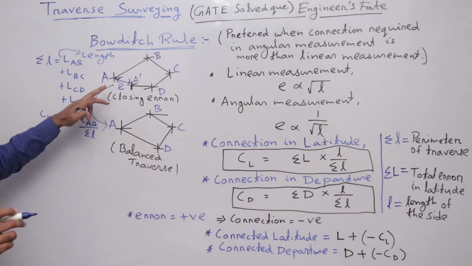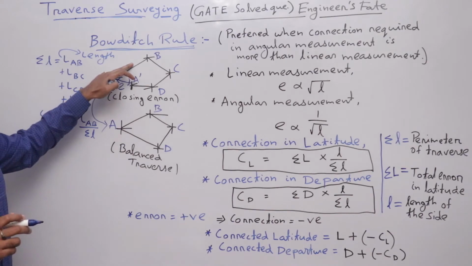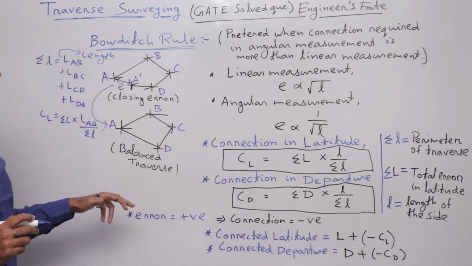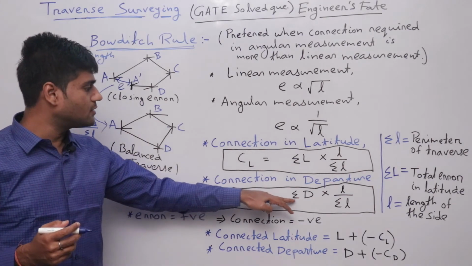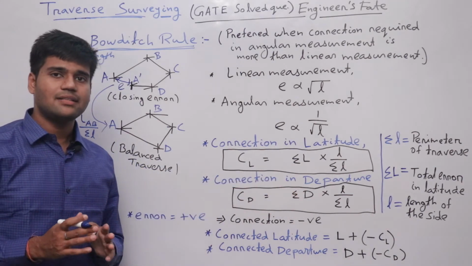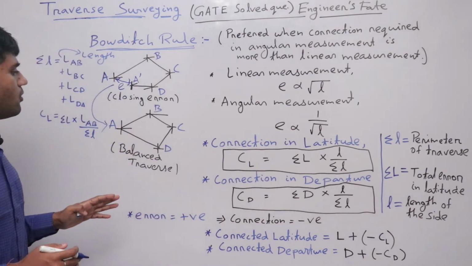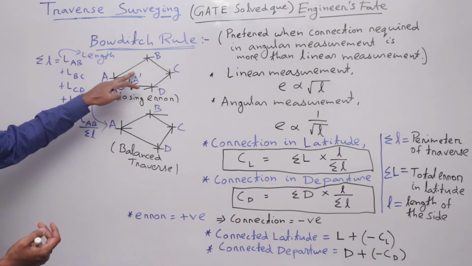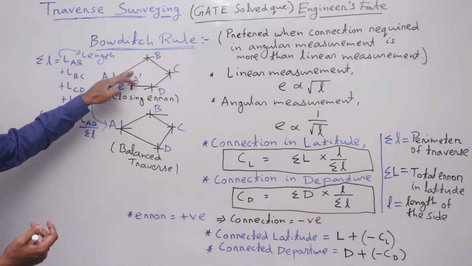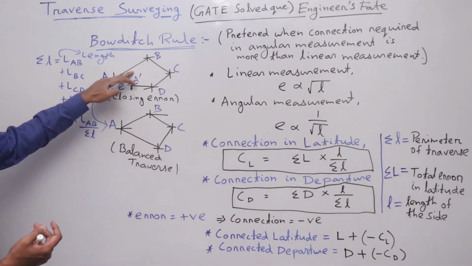So I can get the correction in latitude for this line AB. Similarly, I can find the correction in departure CD as summation of D into l by summation of small l.